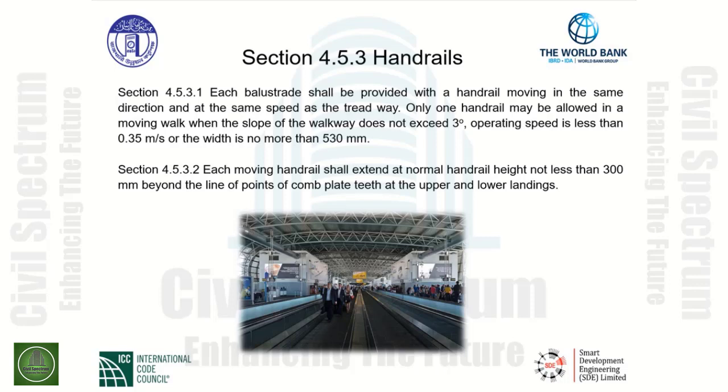As you can see, we have two key requirements indicated here regarding the number of handrails: the slope not to exceed 3 degrees, the operating speed, and the width of the walkway. Additionally, the handrail must extend not less than 300 millimeters beyond the line of points of the comb plate teeth at the upper and lower landings.